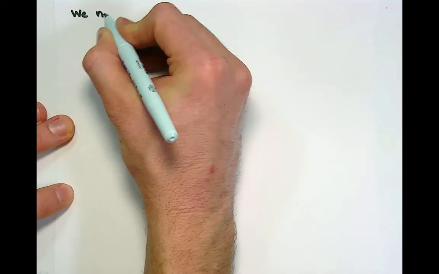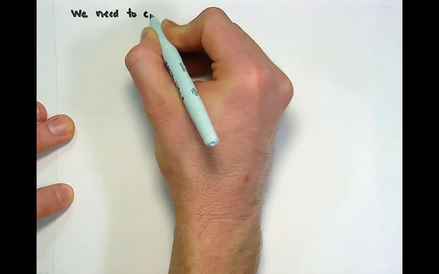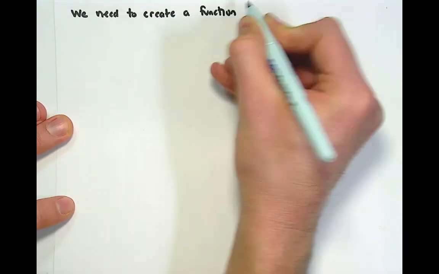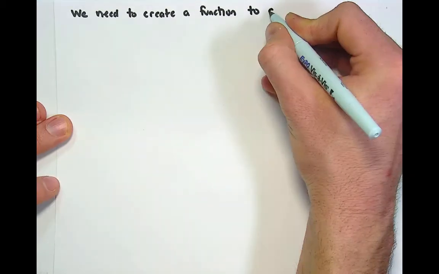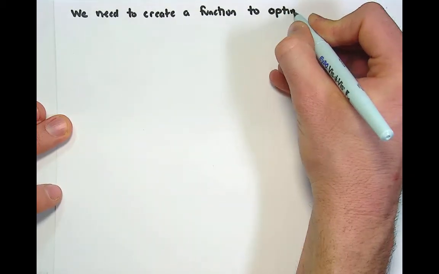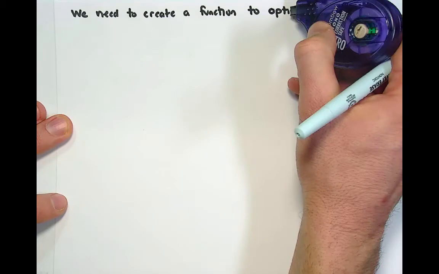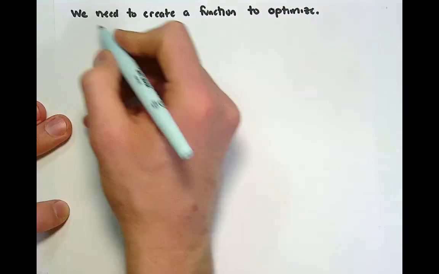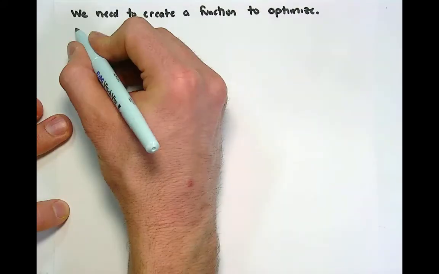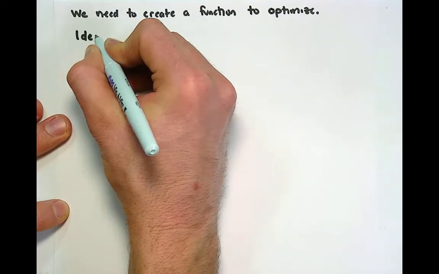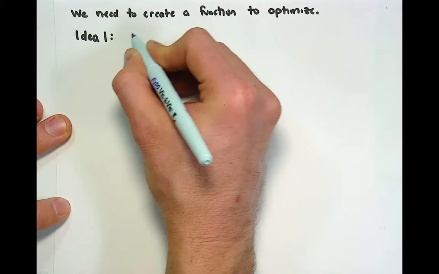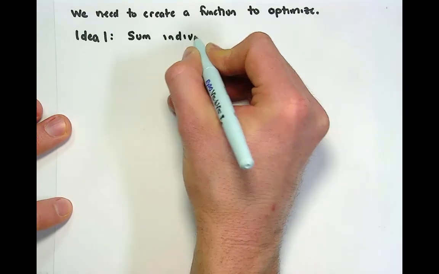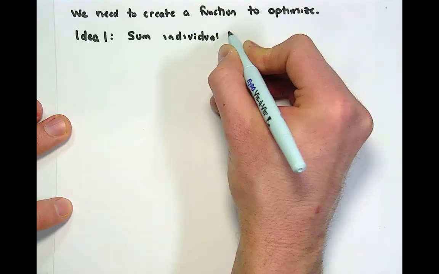So we need to create a function, multivariable, to optimize. So let's start with the first idea. Just the sum of all the errors. Sum the individual errors.